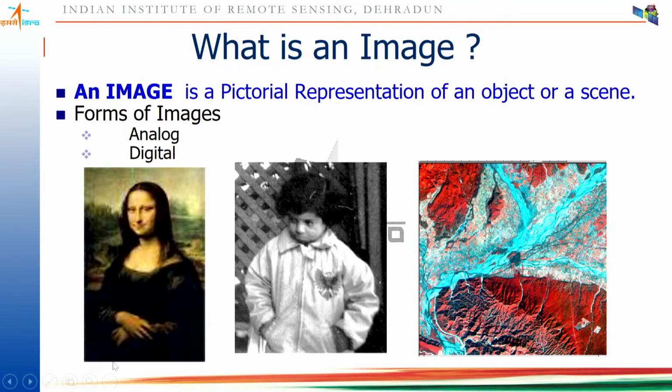The images that I'm showing here are analog images. A portrait, whether it is a portrait of Mona Lisa, a photograph of the girl child, or this visual representation of the satellite image, are pictorial representations of scenes, objects or phenomena displaying different colors or intensities. So they are analog images.